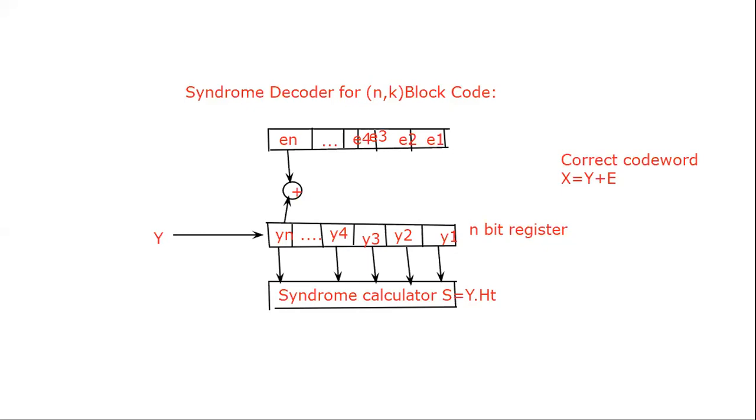See there. So XOR operation between the En and Yn. Similarly, XOR operation between E4 and Y4, E3 Y3, E2 Y2, E1 Y1.